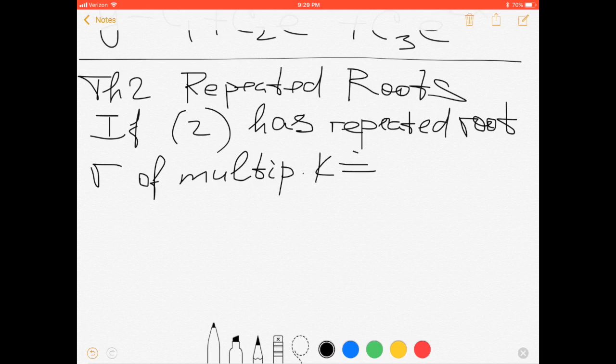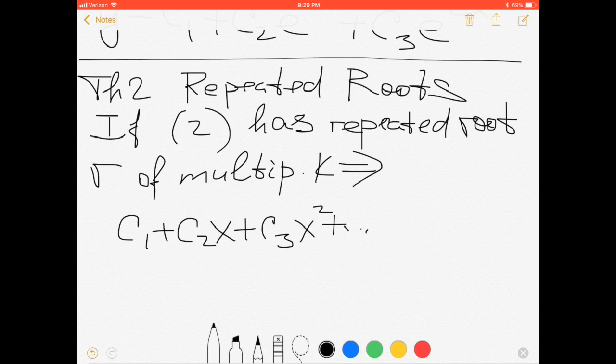okay, then the part of the general solution corresponding to this root r, we can write in the form (c1 plus c2 x plus c3 x squared and plus ck x to the power k minus 1), and all of this multiplied by e to the power rx.